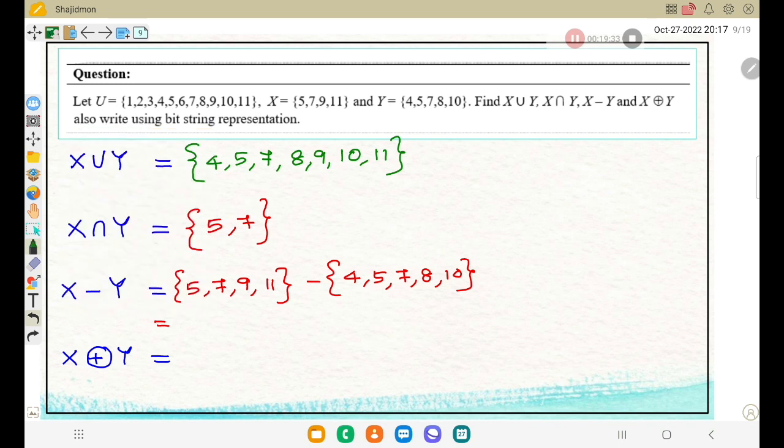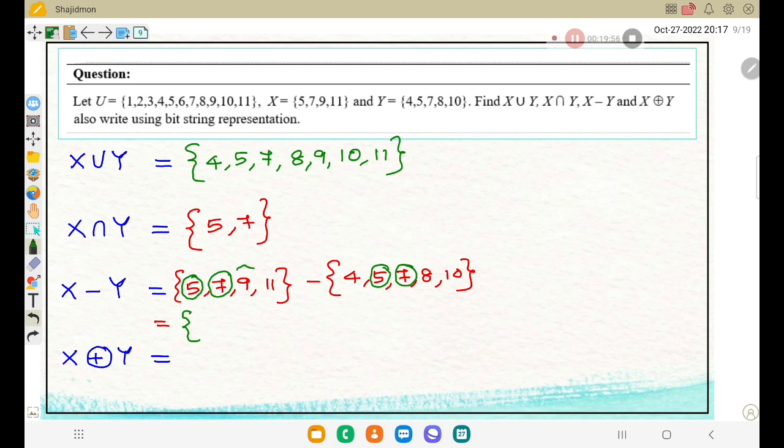Subtract means x minus y means the elements in x. Only we are writing elements in x first set, but it should not be in y. Okay, if that element is coming in y means we need to delete. For example, 5, this number, it is coming in y, correct? 5 here, so we cannot write that element. 7, it is coming in y, so we need to cancel that one.